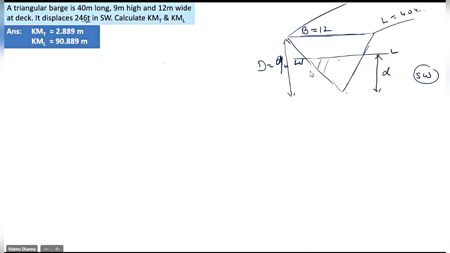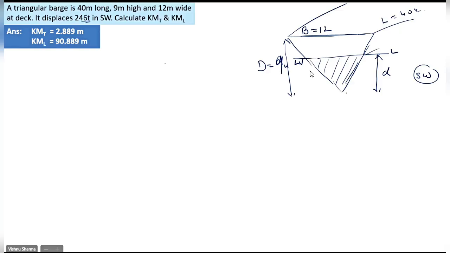Guys, this is the underwater cross-sectional area. If I multiply the underwater cross-sectional area with the length, will I get the volume of displacement? Yes or no? If I get the area of this shaded triangle and multiply by the length of the vessel, will I get the underwater volume?